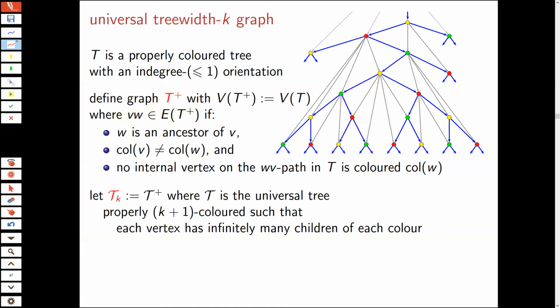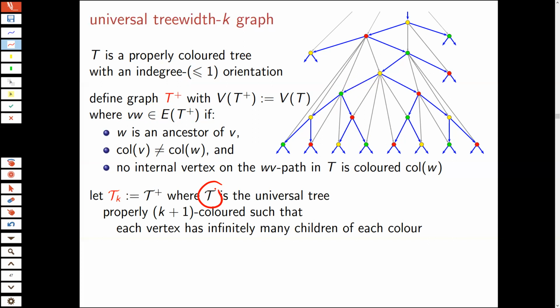And now imagine if you take T to be the universal tree, which we saw at the start, and color it with k plus 1 colors, such that each vertex has infinitely many children of each color, which definitely can be done because each vertex has infinitely many children, and k is finite.